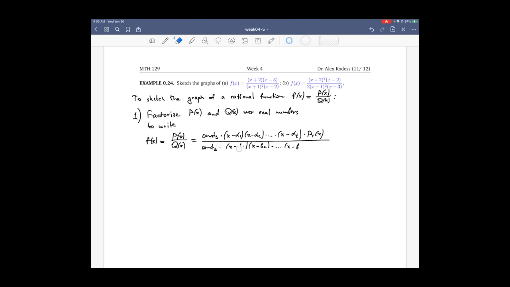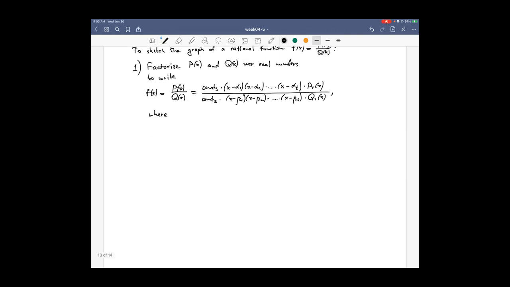And in the denominator we have the factorization x minus beta 1, x minus beta 2, x minus beta s times q1 of x, where the polynomials p1 of x and q1 of x have no roots over real numbers, so that these polynomials cannot be factorized any further.